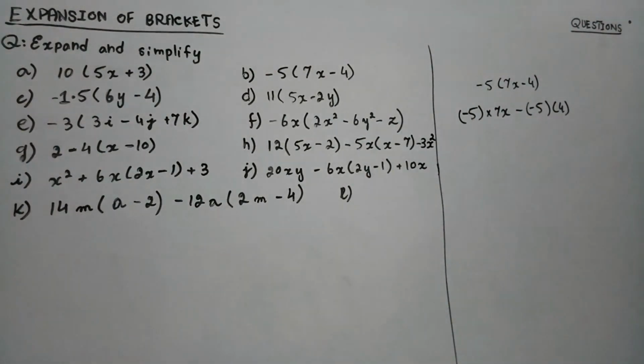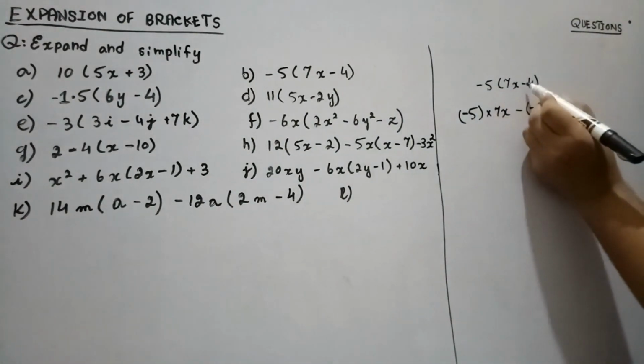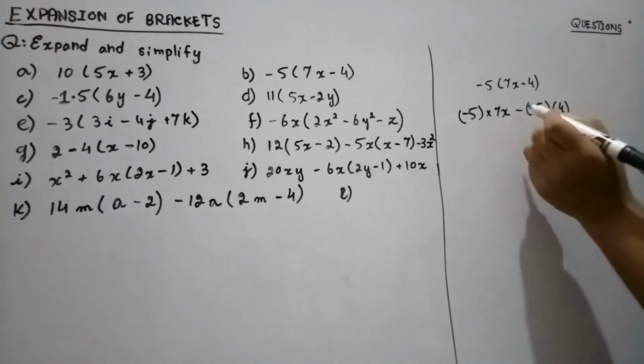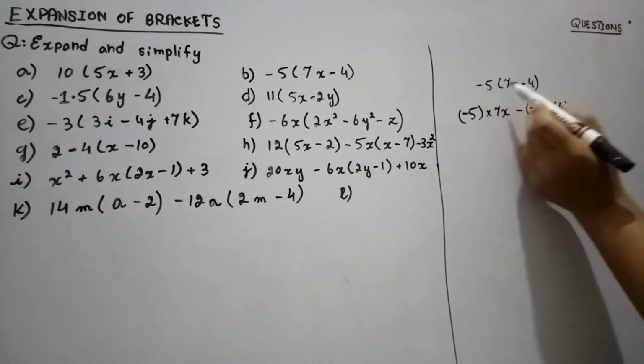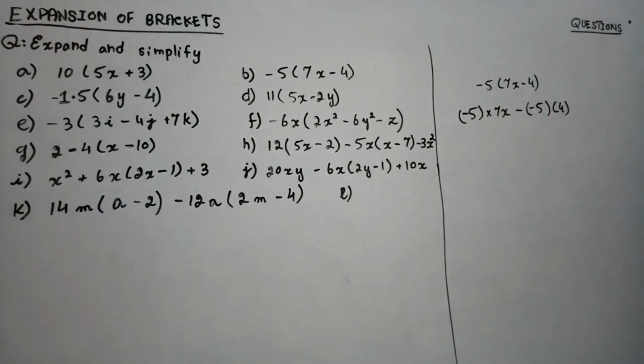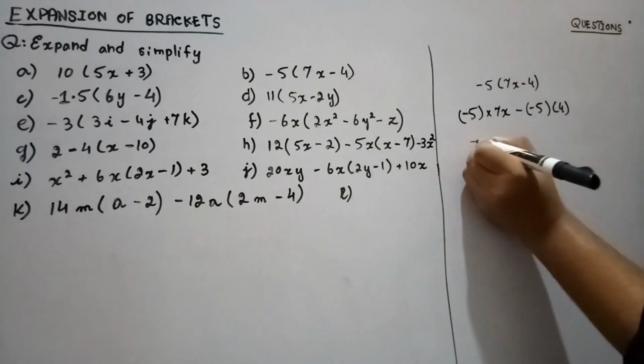Here I will write this minus sign as it is, and this negative 5 is going to multiply by 4 only. Clear?